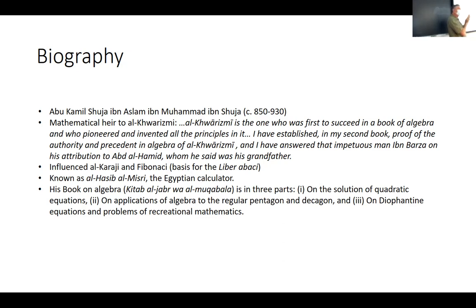I don't think he was that much influenced by Thabit ibn Qurra, but he went on to influence the next guy, Al-Karaji, who we'll talk about next. He's very important in making algebra more like the algebra they have today. And Fibonacci, who we've all heard about, when he introduced numbers and algebra to Europe, actually used Abu Kamil's book as the basis for his famous book, Liber Abaci.